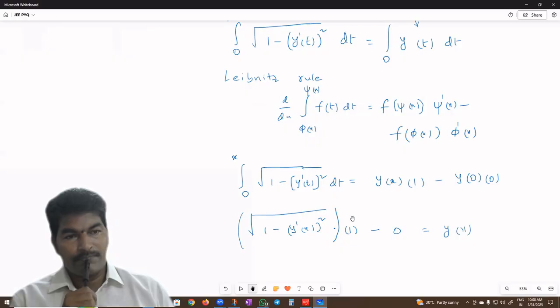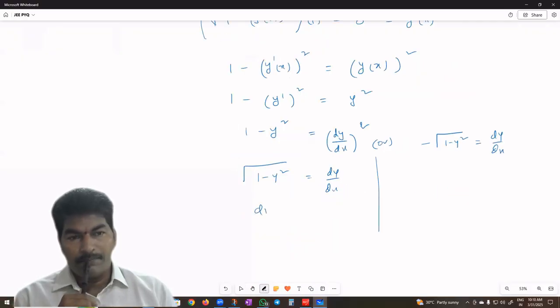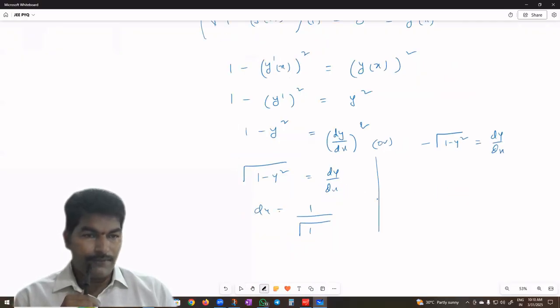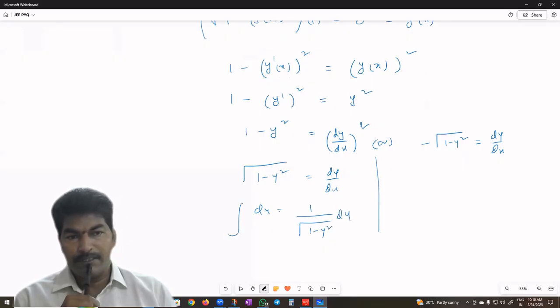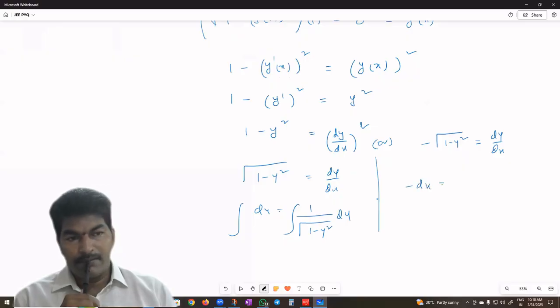Therefore, we got root of 1 minus y dash of x whole square equals y of x. Square it on both sides, then we can remove the square root. And dx you can write 1 by root of 1 minus y square into dy. Do integration on both sides to solve this.